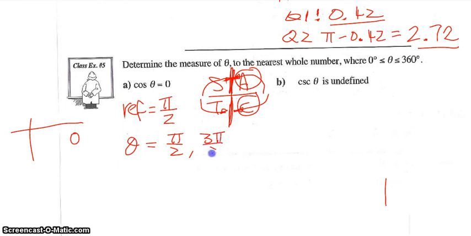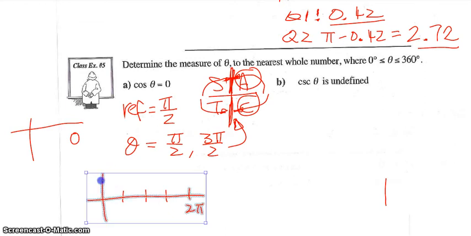3 pi over 2 is 270 degrees. Now, we already learned the graphs, right? The graph of the cosine function. So if I plot one full cycle, 2 pi, there are 4 quadrants, so you cut it into 4 equal parts. You need to graph 5 points. For the cosine function, you start on top.